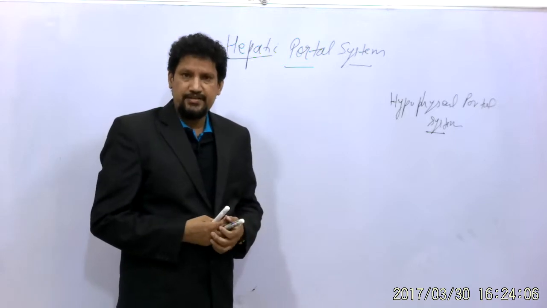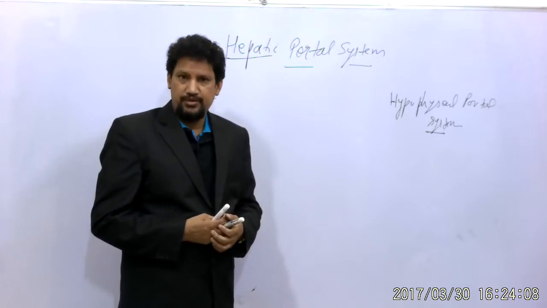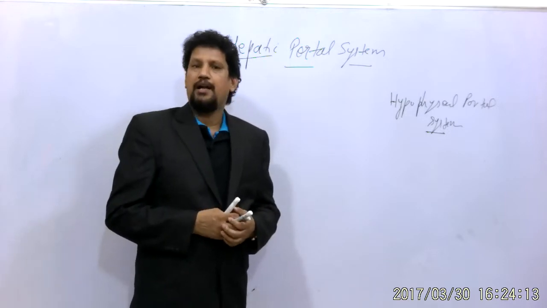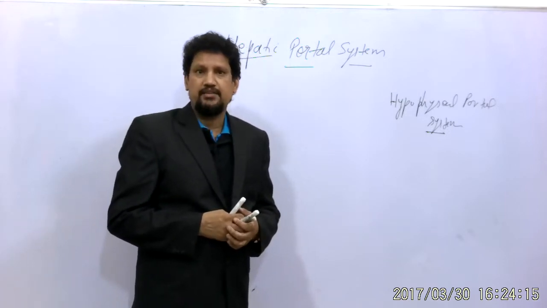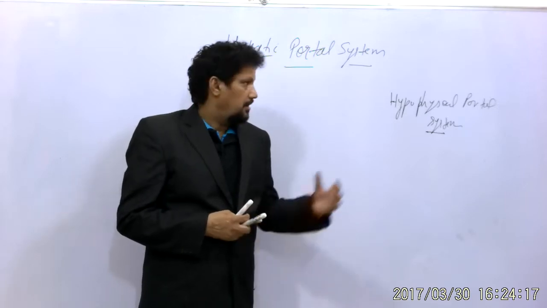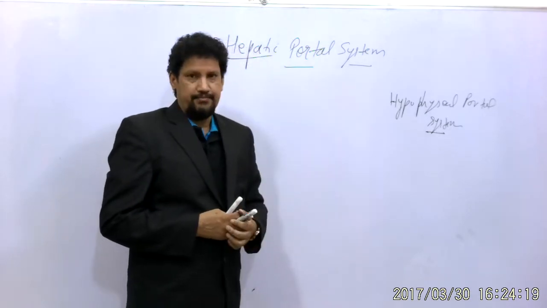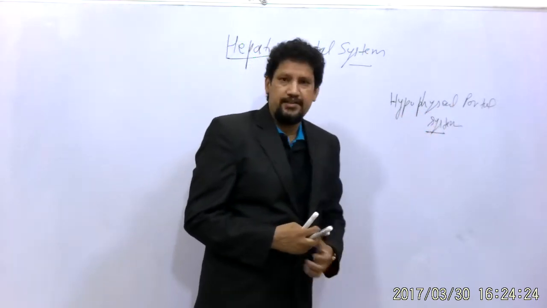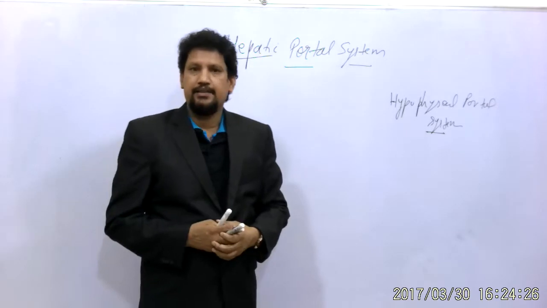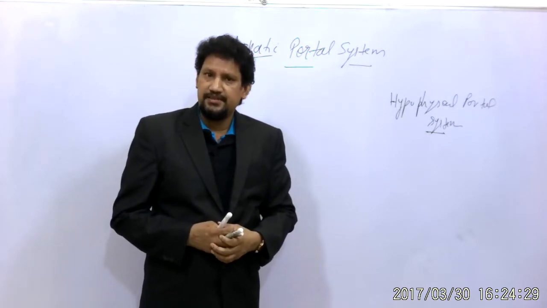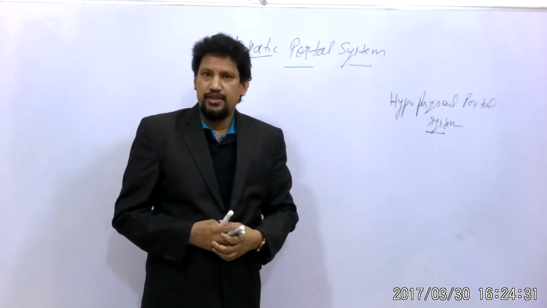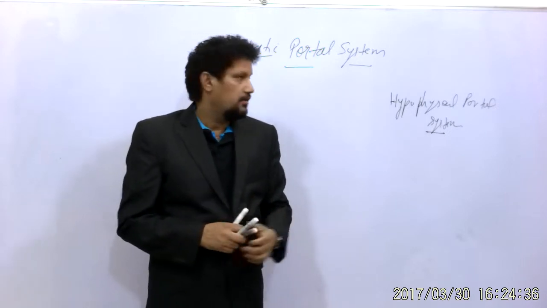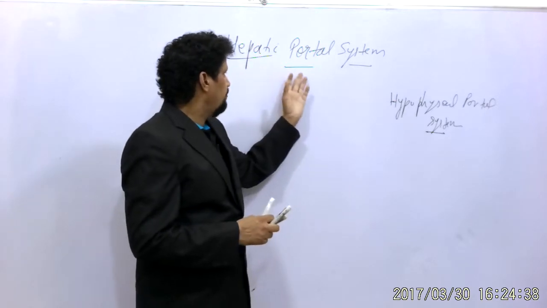So, these nutrients first come to the liver, and after completion of metabolism, absorption and detoxification of the nutrients, the blood reaches the right atrium. The hypophyseal portal system is related to the pituitary gland and the hypothalamus, and this system is related to the endocrine hormones. So, this lecture is on the hepatic portal system.